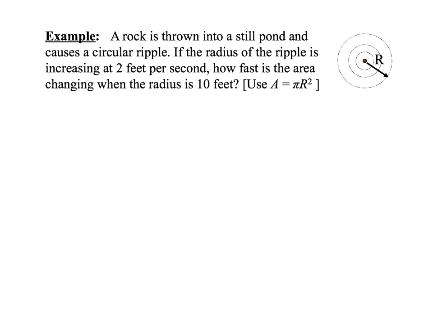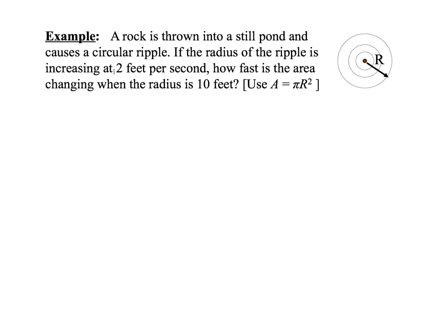The outer circle is moving out, and so the radius of the ripple is increasing, and of course, we don't need calculus to know that. We know just from our experience, and we're told that the rate that it's increasing is 2 feet per second. And the reason we know it's a rate is this increasing and per second.